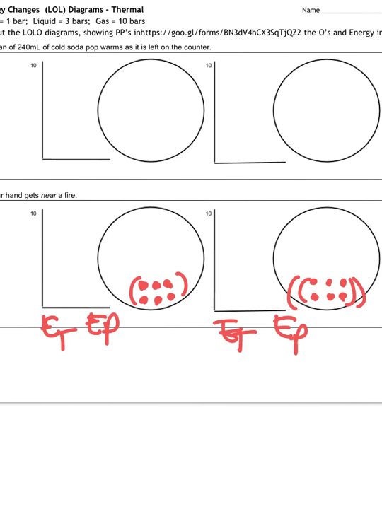So beforehand, I have a solid, so my phase energy is supposed to only be 1 bar. And remember that says that up here at the top, okay? At the end, I still have a solid, and therefore my phase energy is going to be 1 bar. My thermal energy, I'm starting out at room temperature, so I'm going to make that 2 bars because I like to start at 2 bars for room temperature, but there's no necessarily wrong answer for this one.